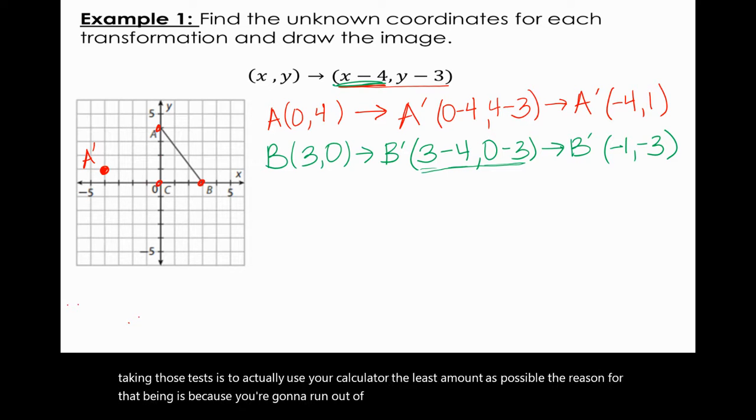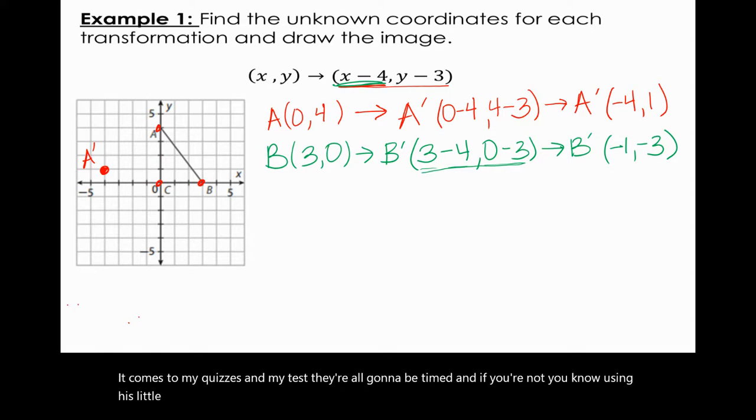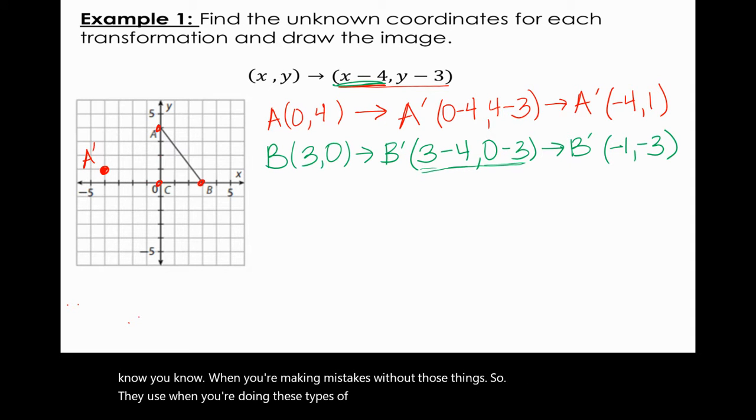So when it comes to my quizzes and my tests, they're all going to be timed. And if you're not using these little tips or practicing them while you're doing your work, then you never know when you're making mistakes. So please, when you're doing these types of problems, don't use your calculator. All right, you guys?